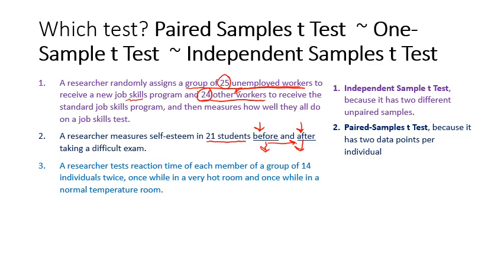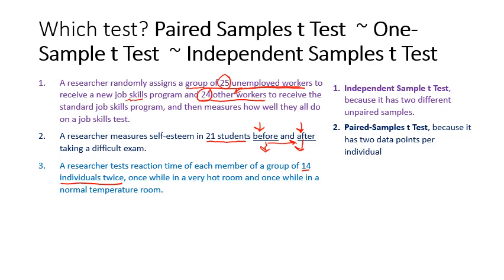Problem 3. A researcher tests reaction time of each member of a group of 14 individuals twice, once in a very hot room and once while in a normal temperature room. Interesting. So here we have 14 individuals, but next we have to ask ourselves, how many columns of data?